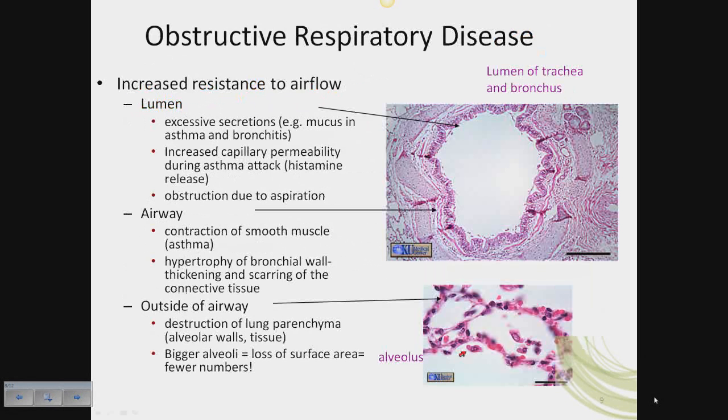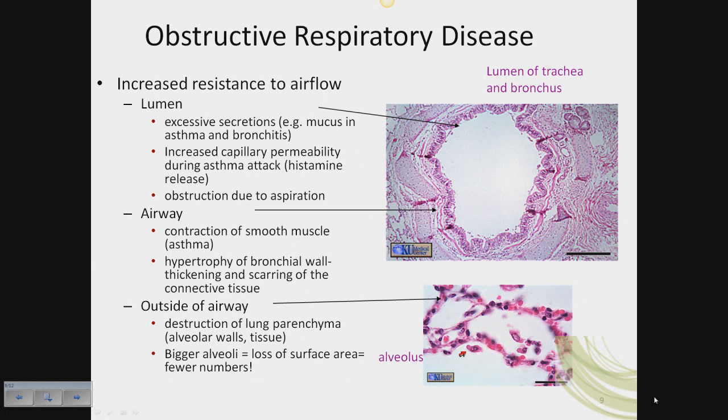So first I'd like to review the general problems with obstructive respiratory diseases. What can be the problem in obstructive pulmonary diseases that can limit exhalation or gas exchange? Well, basically, like I said, with obstructive disorders, we're talking about a problem with an obstruction. How can this obstruction occur?